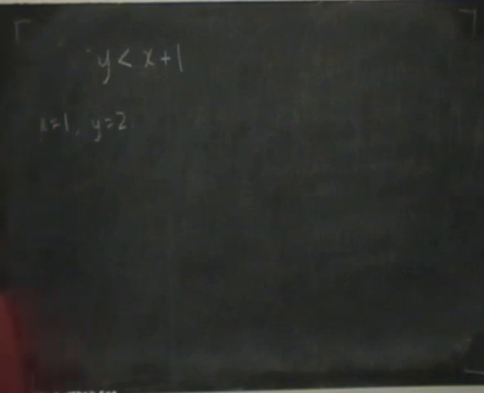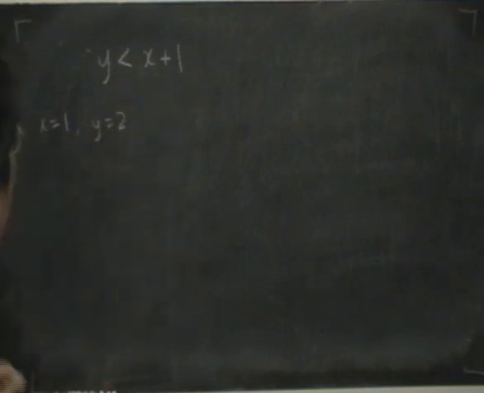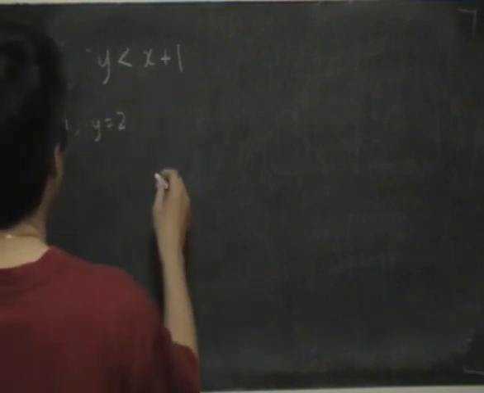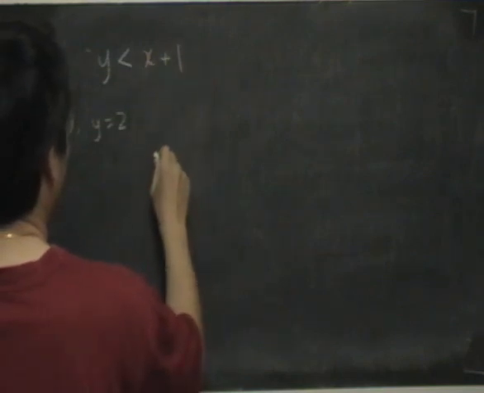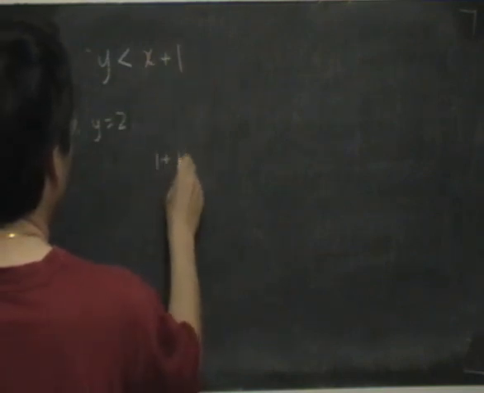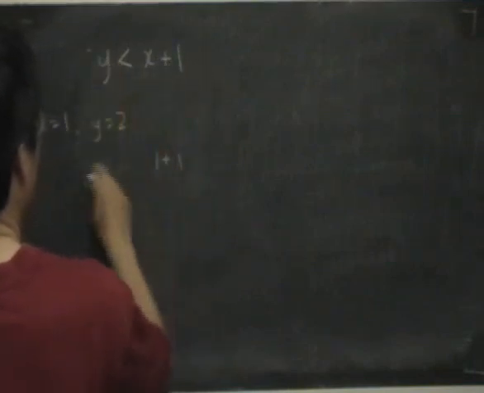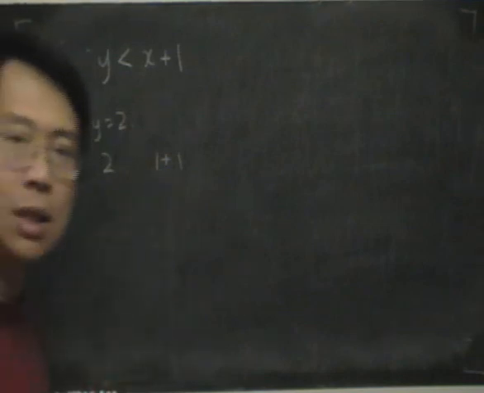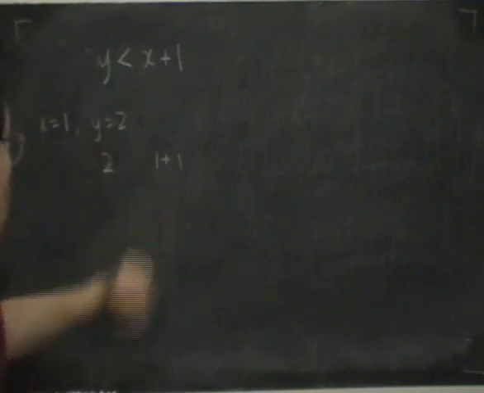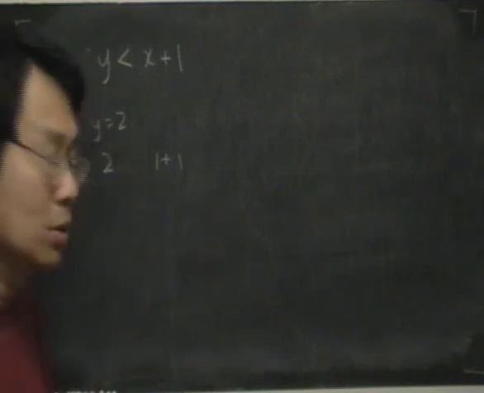If x is equal to 1, on the right side I'll have 1 plus 1. On the left side, y is 2. So 2 and 1 plus 1. 1 plus 1 is just 2. So if x is 1 and y is 2, is this true?